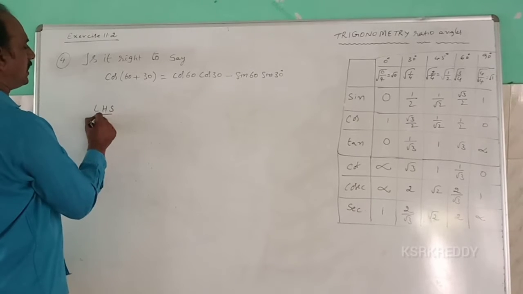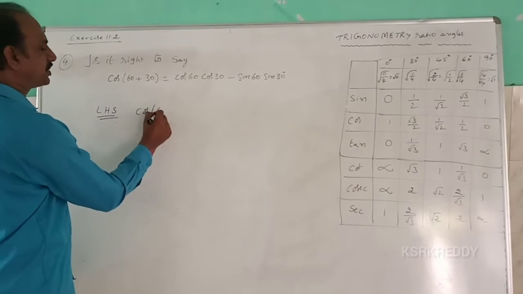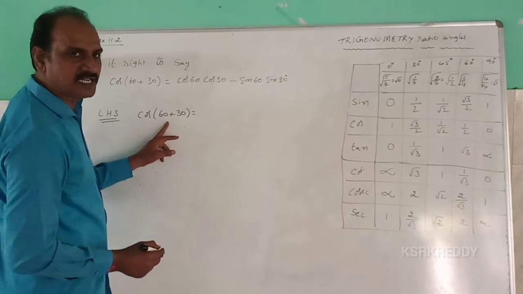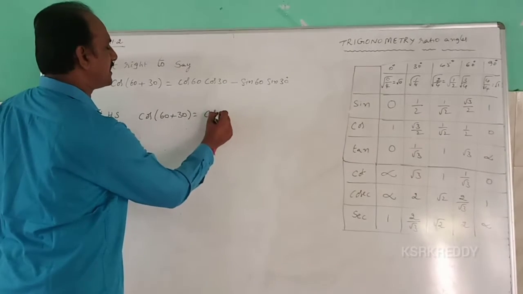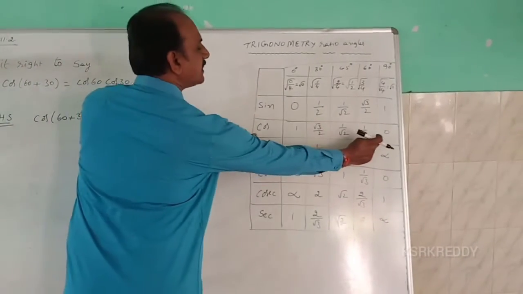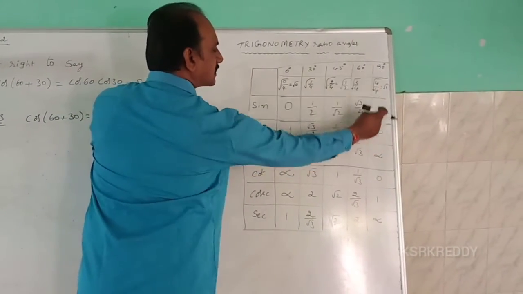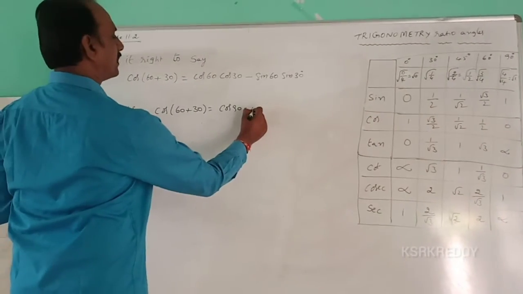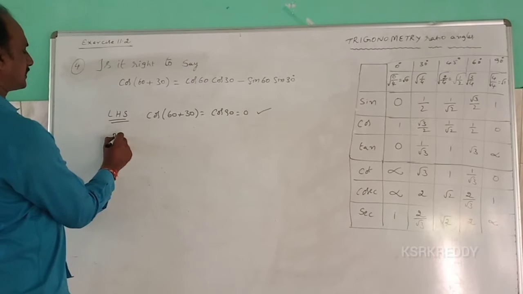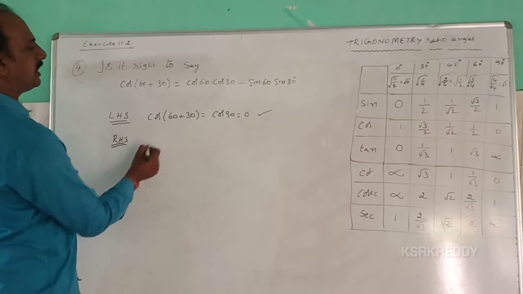Cos of 60 plus 30 is equal to cos 90. Cos 90 degrees is equal to 0. That is the LHS value.